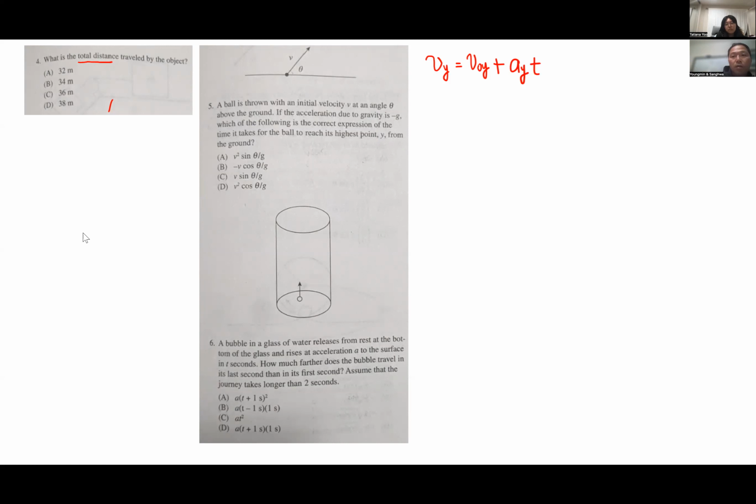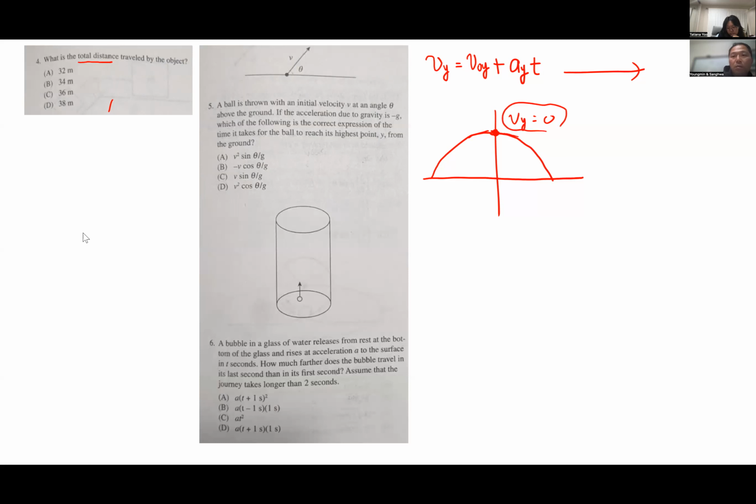So here, in the final velocity, when this object reaches the maximum height, velocity component Vy must be equal to 0, right? Because that is a stop at the maximum height spot, and then it starts to drop down. So the final velocity at the maximum height should be equal to 0.